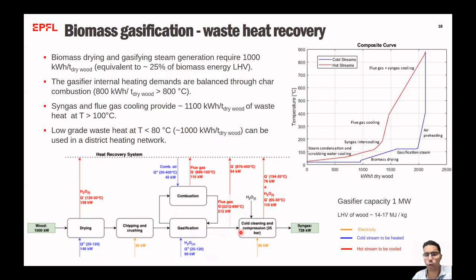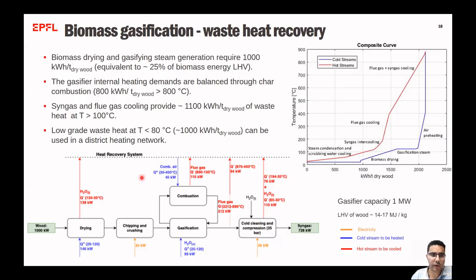treated. First, you will need to quench it by releasing a large amount of waste heat, and then it needs to be treated to remove the condensables, that are the tars and other heavy hydrocarbons that may be present in the syngas. In this cold cleaning, so the quenching and compression, we consume a certain amount of power, but then we also release a certain amount of waste heat.